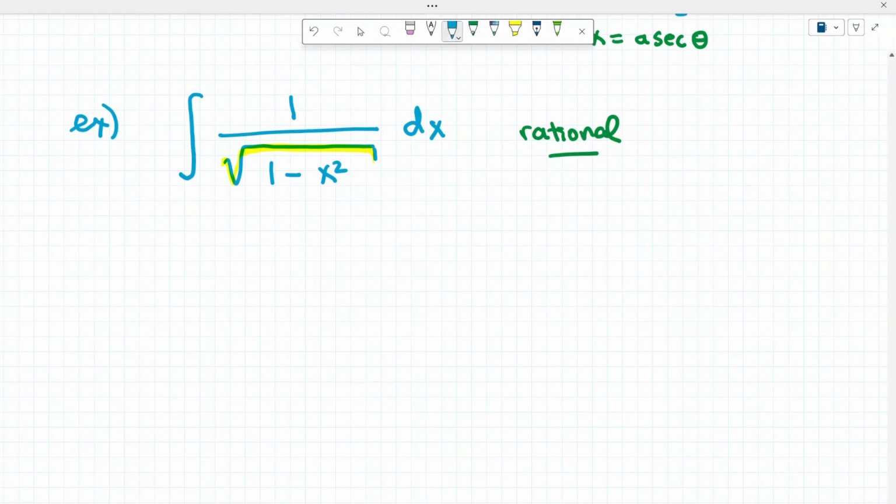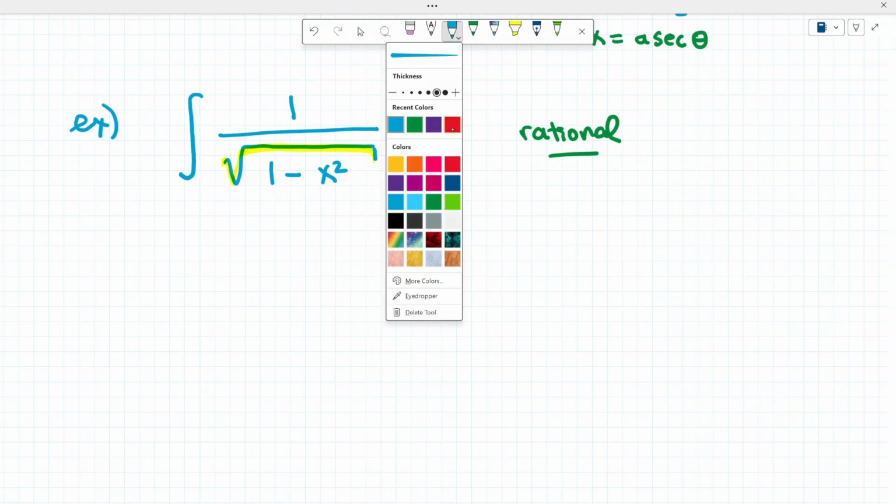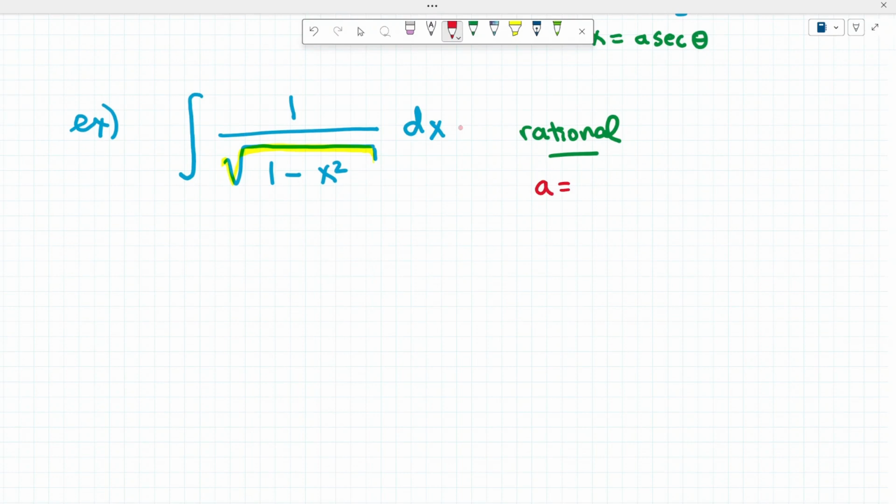In this case, our a value is equal to 1, and then we have our x squared. Because of that, we can use our sine substitution. Let's write out our substitution. Recall that it's not necessarily guaranteed every time that these work.